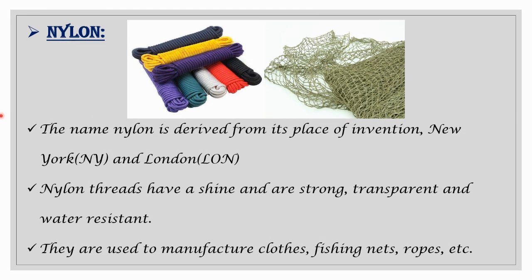The name nylon is derived from its places of invention, that is New York and London. Nylon threads have a shine and are strong, transparent and water resistant. And they are used to manufacture clothes, fishing nets, ropes, etc.